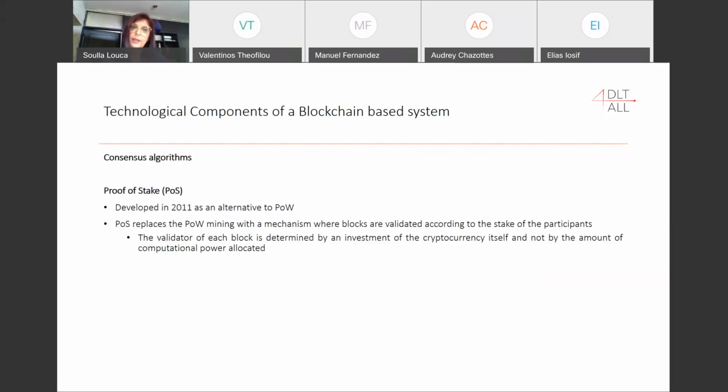In other words, the validator of each block is determined by the investment of the cryptocurrency itself and not by the amount of computational power that is allocated.